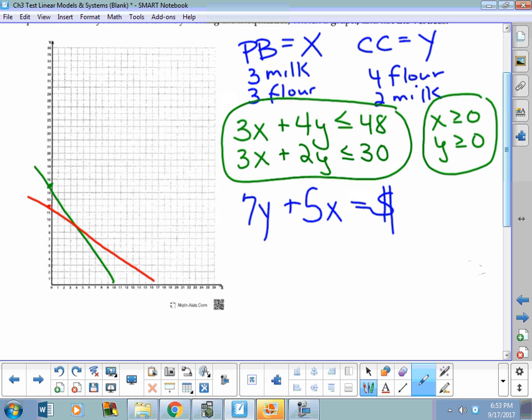And then lower than that, so not all the way up to the green line on this side, and not all the way to the red line over on that side. So we're stuck in here. And you can't make any negatives, so we wouldn't be over here in quadrant 2 or 3 or 4. No worries there.